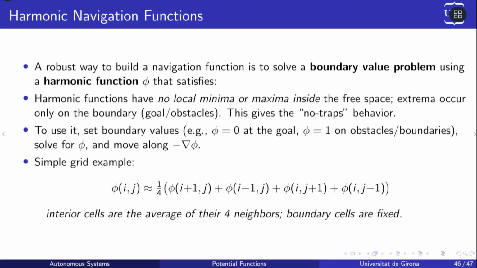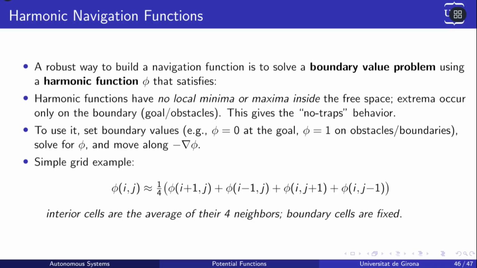Here is one of the most typical functions used to compute these navigation functions, called the harmonic functions. I don't know if you are good in control, maybe you have used harmonic functions. I'm a computer scientist and I'm not super familiar with them. The idea is that these functions have no local minima or maxima inside the free space.